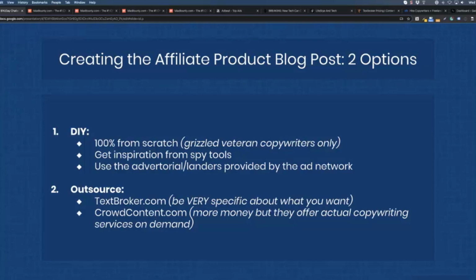That's really the biggest secret to getting this going very, very quickly, is just using what they've already provided for you. It's not going to be unique content, but it's the same thing as driving the clicks to the advertorial that they're giving you, except you can put it on your site.